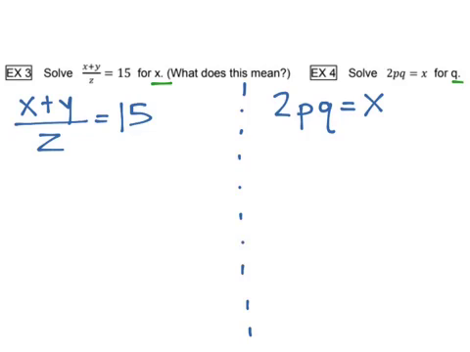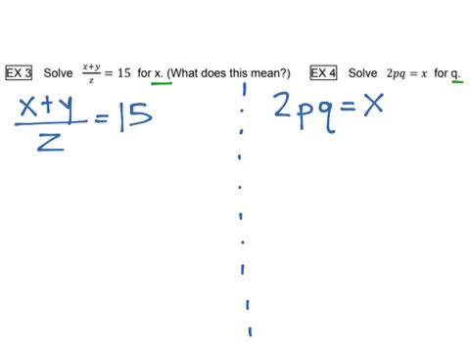So we're going to work on getting x plus y over z equals 15. Right now it's solved for 15. We want to solve it for x. If you ever have a fraction like that, normally we say that we want to subtract before we multiply, which would be the two steps to clear the z and the y.